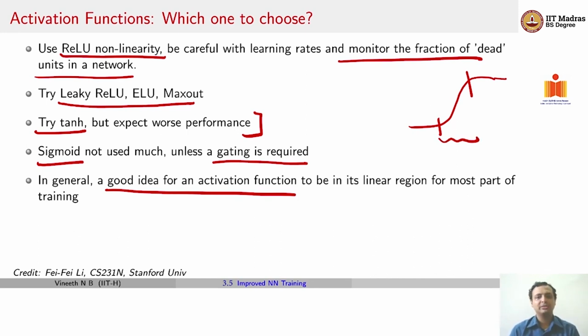So you could modify certain coefficients in the sigmoid activation function to make this linear region a little wider. Instead of lying between specific values, you could make it lie between a larger range if you knew that is how the inputs are going to be in your neural network. You can do such things to improve the performance. In fact, some of these suggestions are given in a very nice reference called Efficient BackProp, which I will point you to at the end of this lecture.